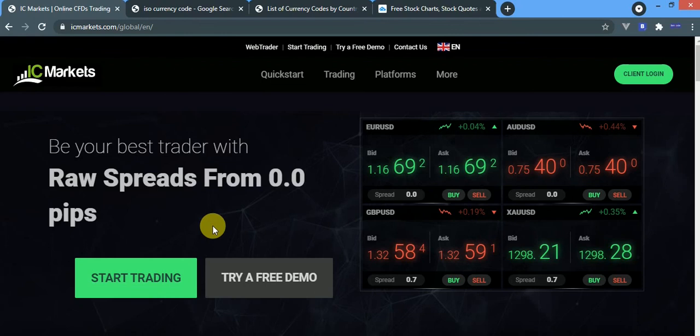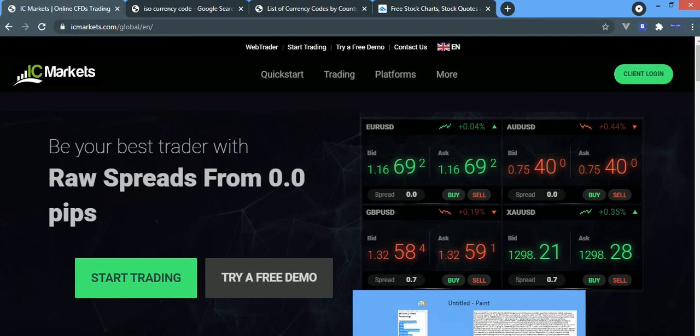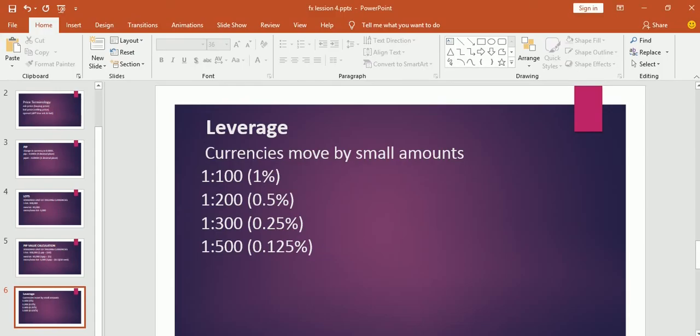Although when we talk about brokers, we will talk more about this, and I will list some of the brokers I can recommend. Okay, back to what we are talking about. We are talking about leverage. I hope by now I must have finished this leverage. This is how it works. I was talking about why they are even loaning this money to you.